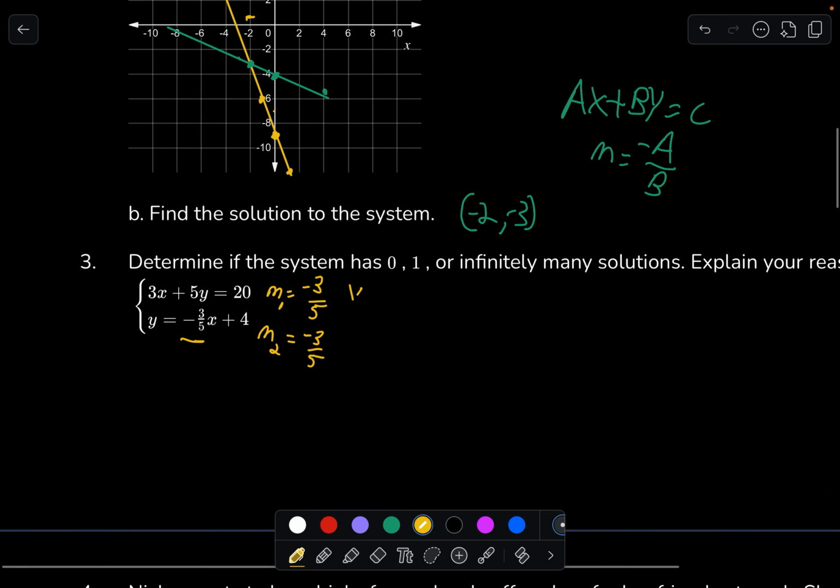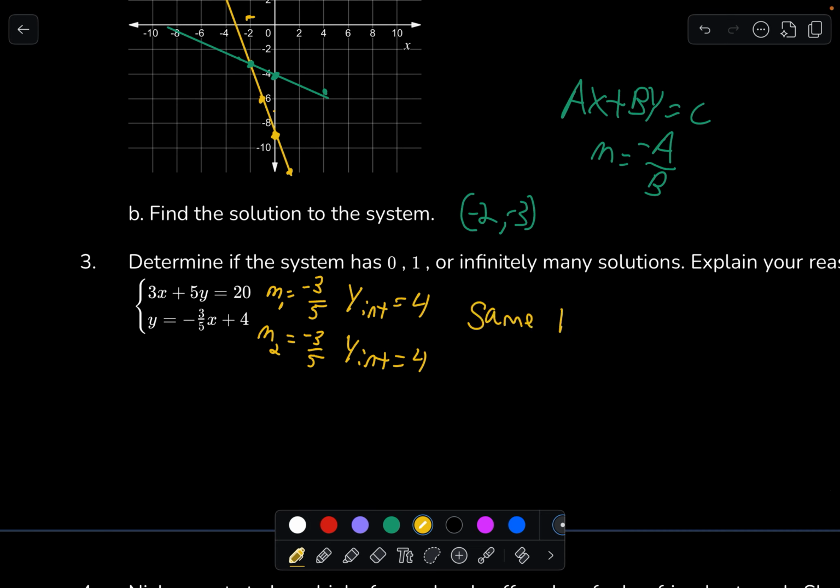So the y-intercept of the top line, that is, you scribble out the x, and you solve 5y equals 20, is 4. And you see the y-intercept of the bottom line is also 4. They're the same line, all right, even though they don't look the same. That's the beauty of this, or the trickiness of this. So we would say, since they are the same line, that is same m and same b, there are many solutions.